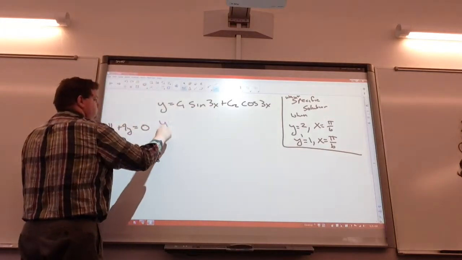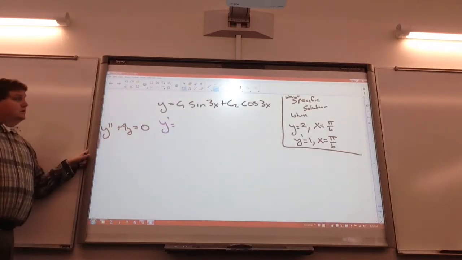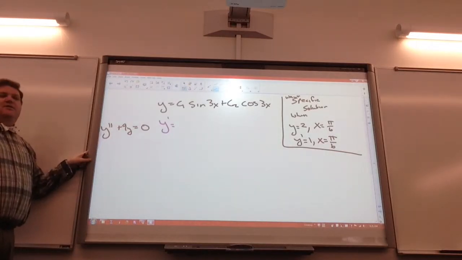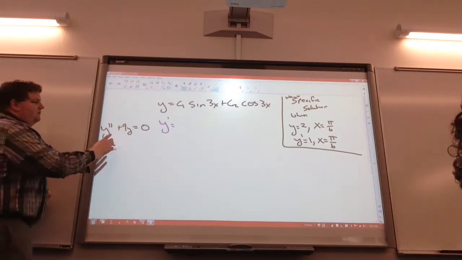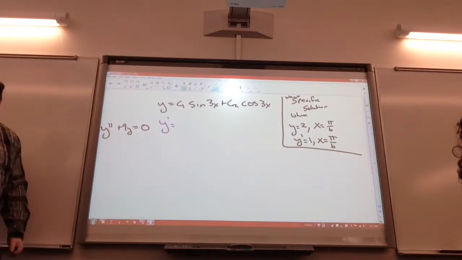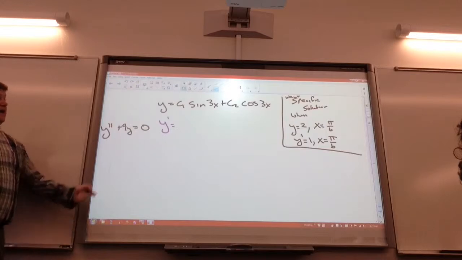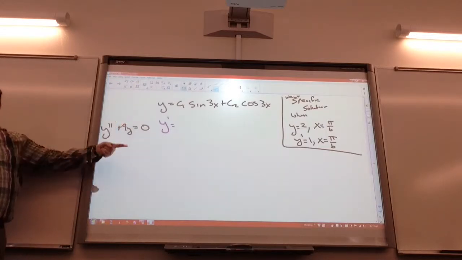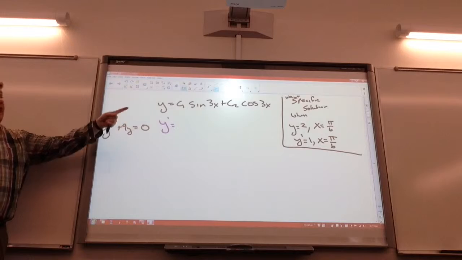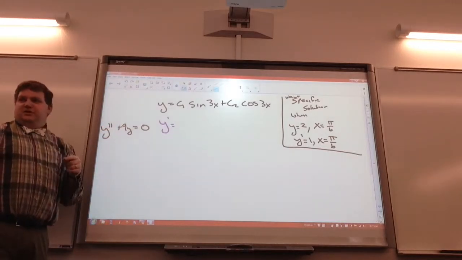We were given a differential equation right here, y double prime plus 9y is equal to 0, and the very first step in the problem is we need to confirm that that's true. In order to do that, I've been given y, so I need y prime, then I need y double prime. The initial values are for later; we're going to use them after we're done with this.